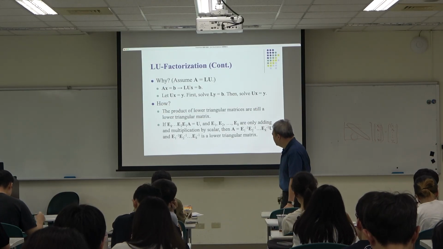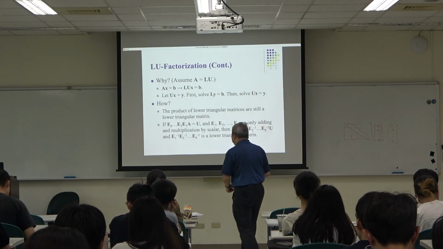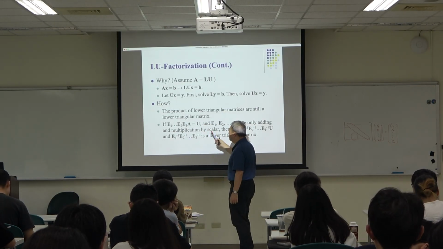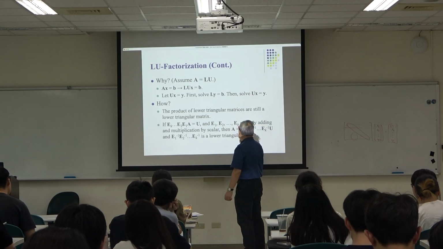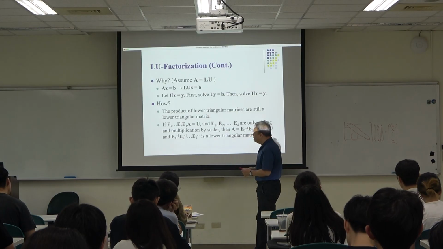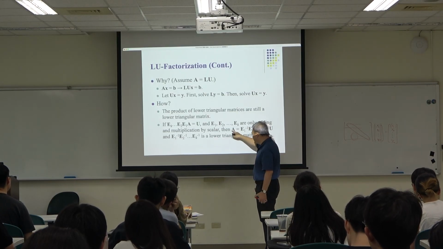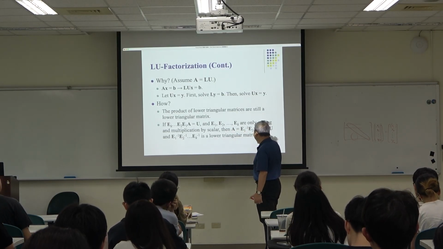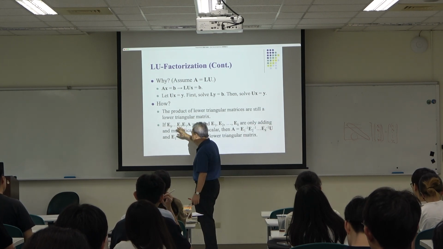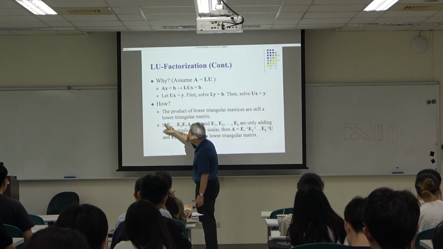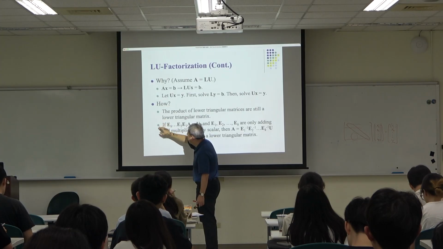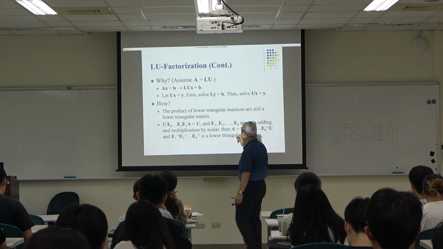So once you understand that, because we have this, and if these E_i are those two types only, then we can let A be the inverse of this. To cancel it out, we have to multiply EK^-1 first, and then E_(K-1)^-1, and so on. So the order is reversed.